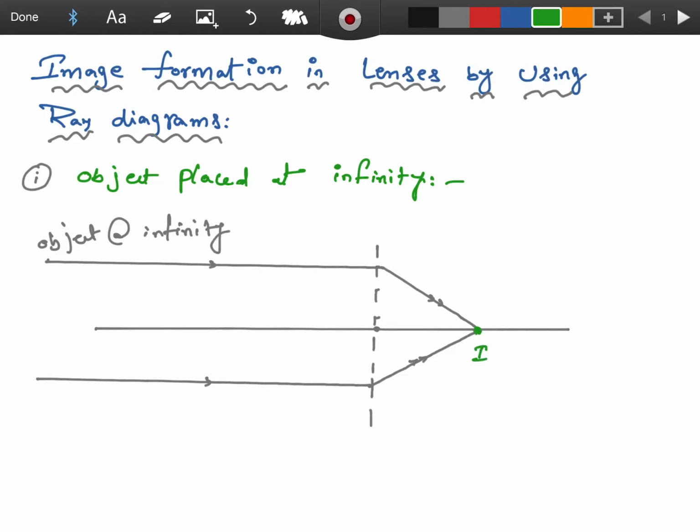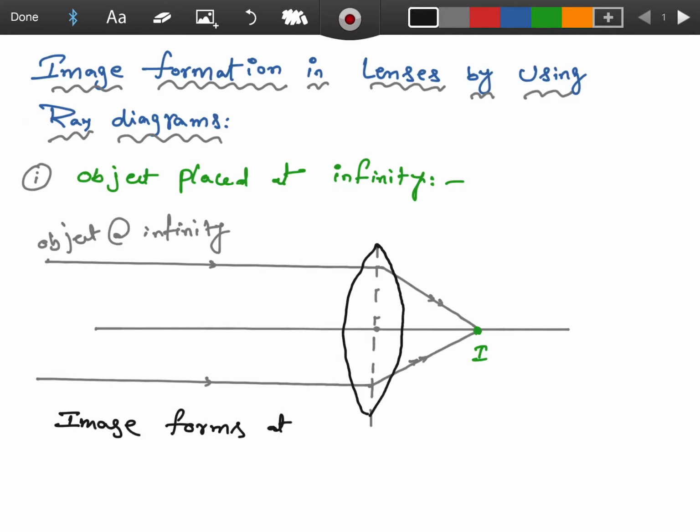Now coming to the nature of the image. Write nature: image forms at principal focus.